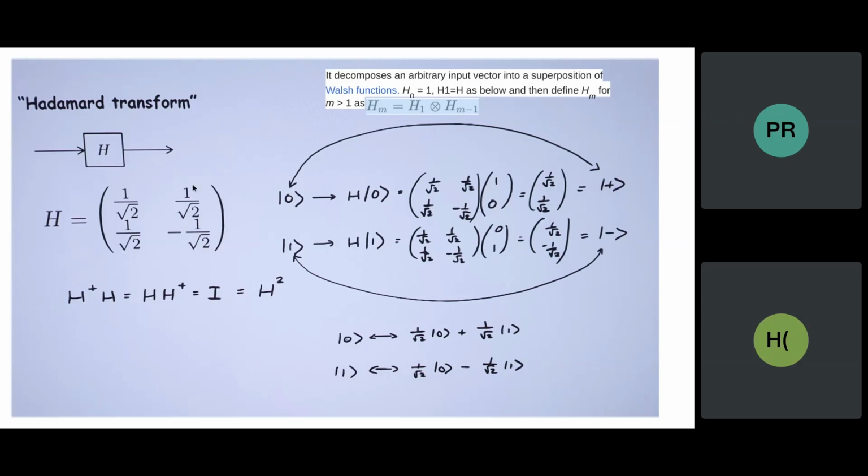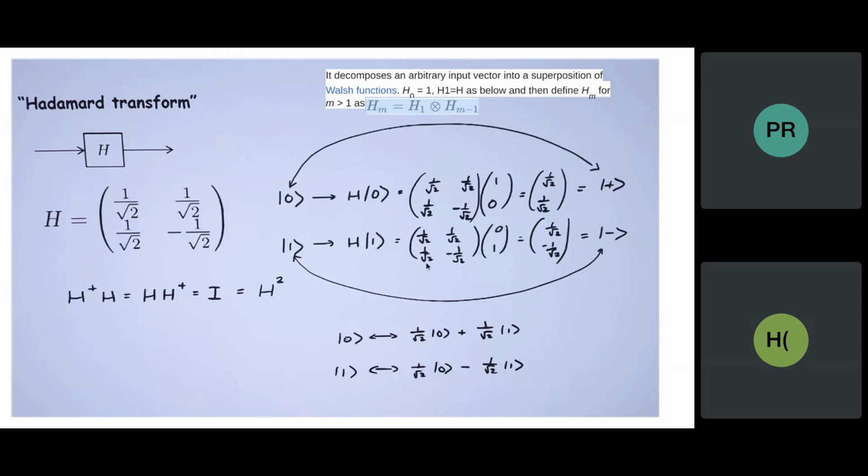That's what the matrix happens to be. Same way as X, Y and Z, the Hadamard transform also satisfies the identity matrix, which means it is unitary. And the only thing you will observe is that if you feed a ket 0 to it, you get a plus. That is the rotational aspect I was talking about. So it is rotating the phase.